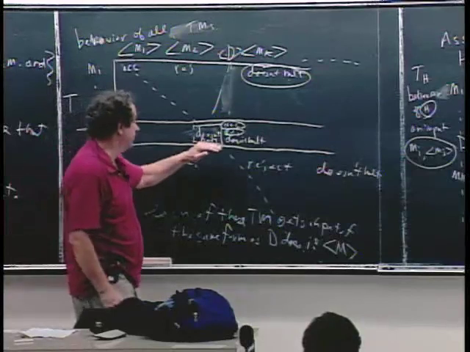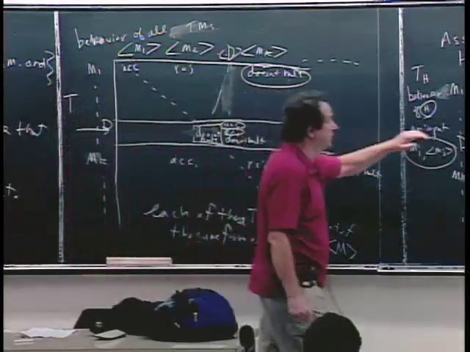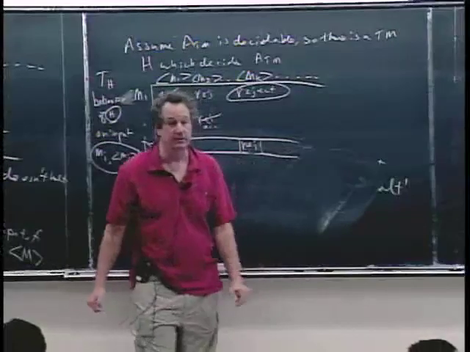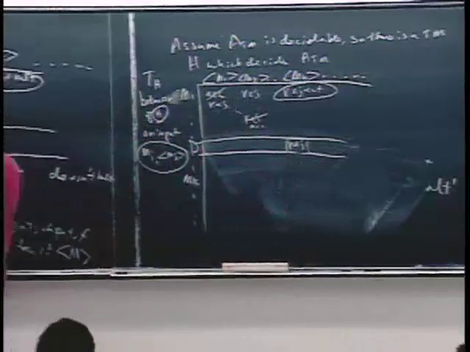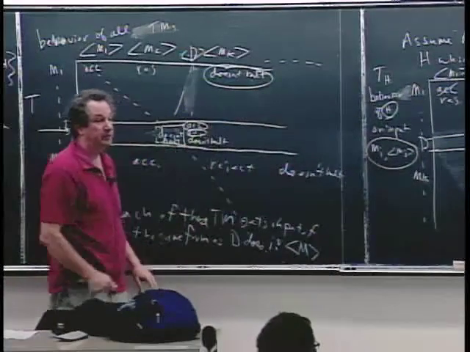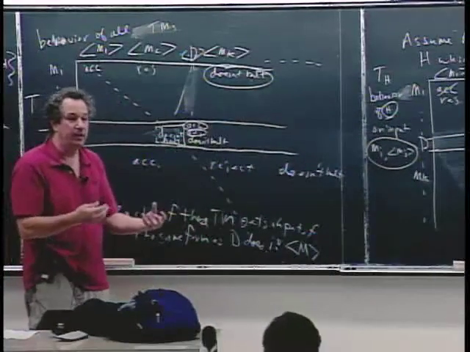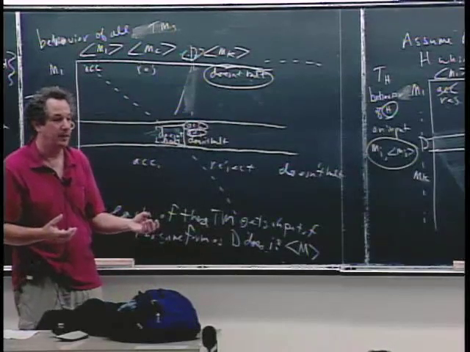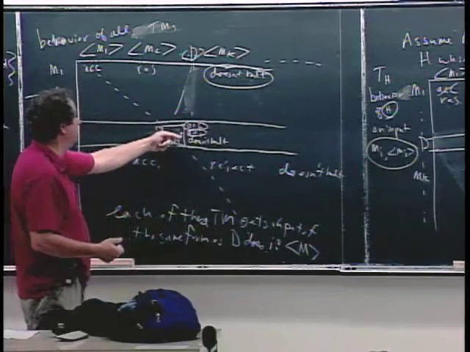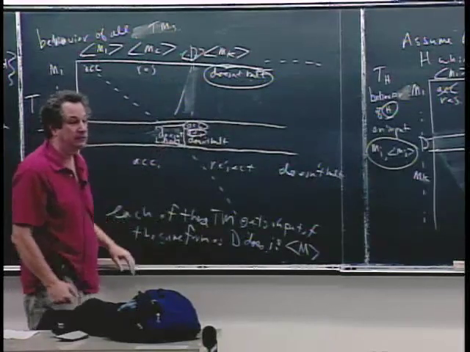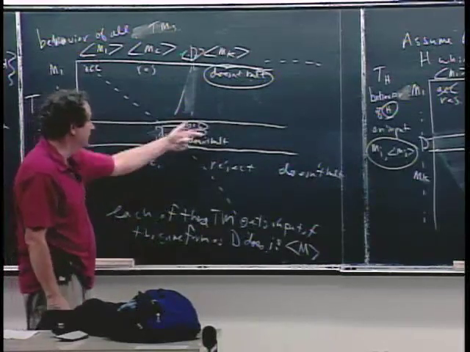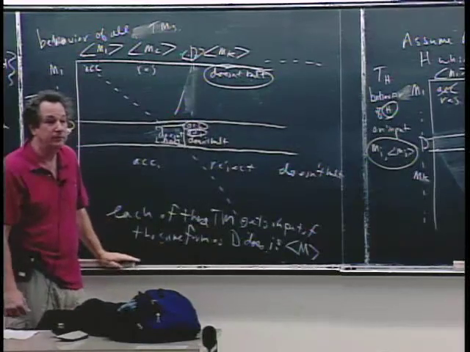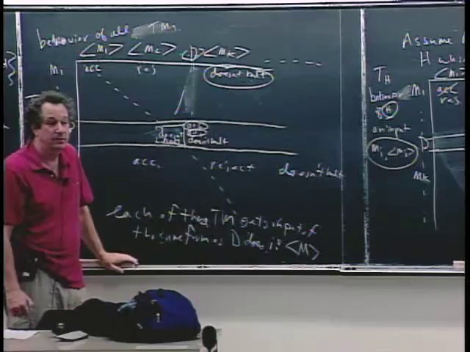If this is a doesn't halt here, it's a reject here. If it's a reject here, it's an accept there. So each doesn't halt translates to an accept over there. But again, the important point is those aren't the same. Doesn't halt is not the same as accept. So the behavior of D on that input, D, is different in this row than in what we deduced for the behaviors of D over there.